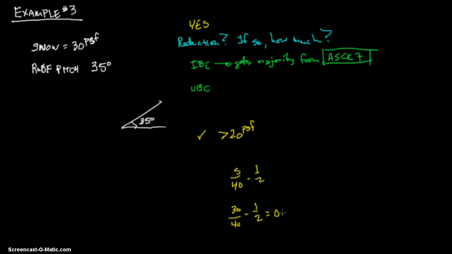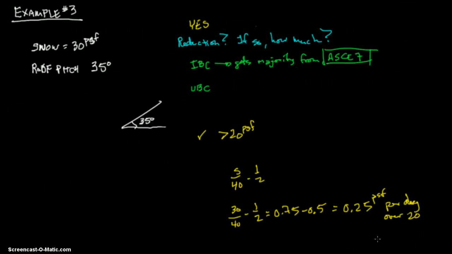That's 0.75 minus 0.5 equals 0.25, and that is PSF per degree over 20. Wait, let me make sure that's correct.